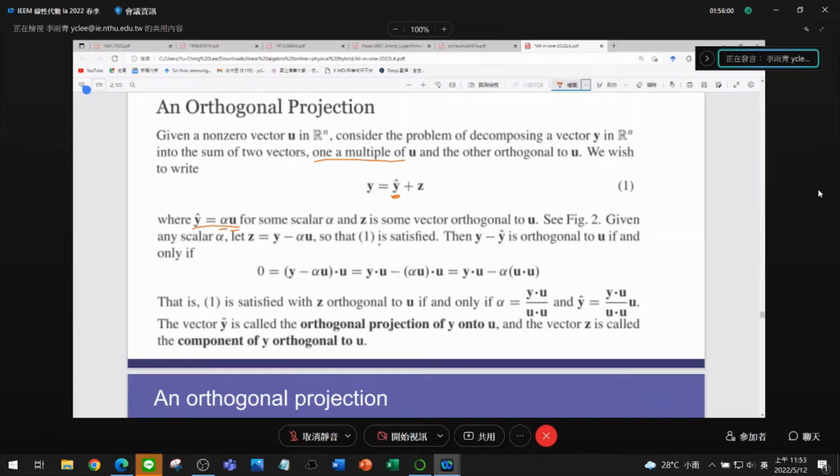And because y subtract y hat is orthogonal to u, then that means we can express y minus y hat equals y minus alpha u. And this should have an inner product with u being 0. So we have y minus alpha u, inner product with u, and the inner product is 0.